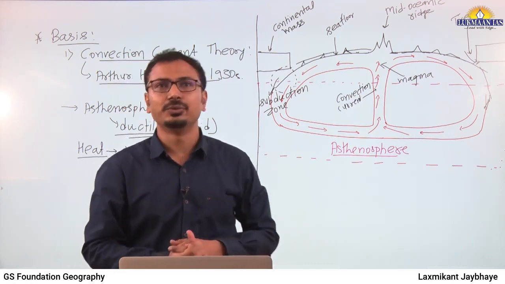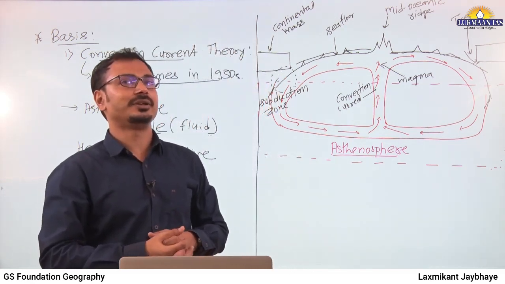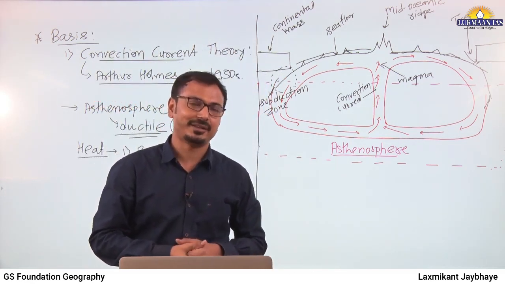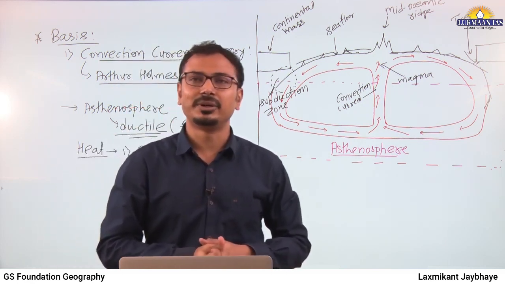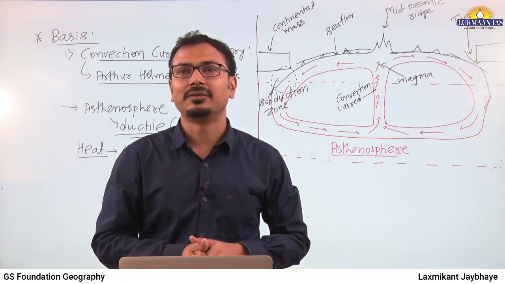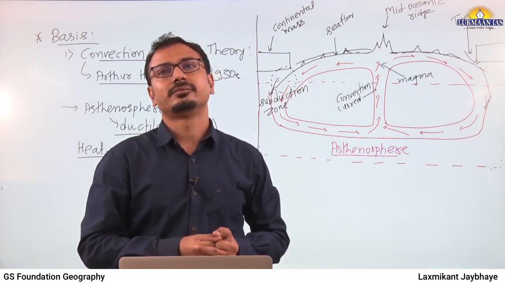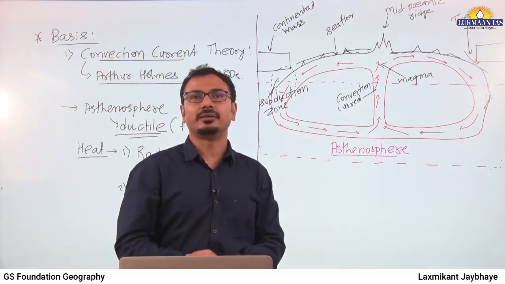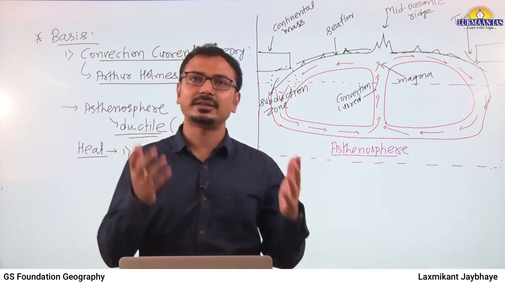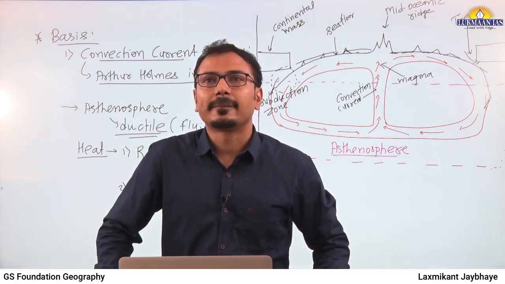But let me tell you that once the radioactive material inside the earth is depleted, then that cycle will weaken and ultimately stop. Those currents will get weakened because the source of heat is reduced or ended.